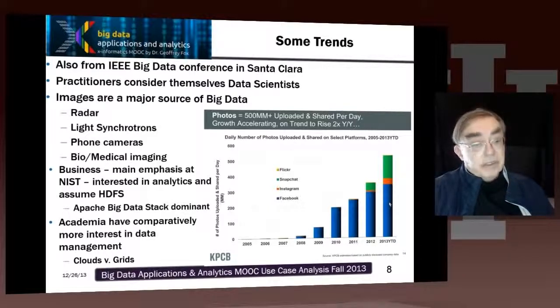It was again striking to me that this Apache stack was so pervasively used, because if you go to the purely academic meetings, I had not seen that. I got more discussion of things like data movement and data management and the roles of clouds and grids.